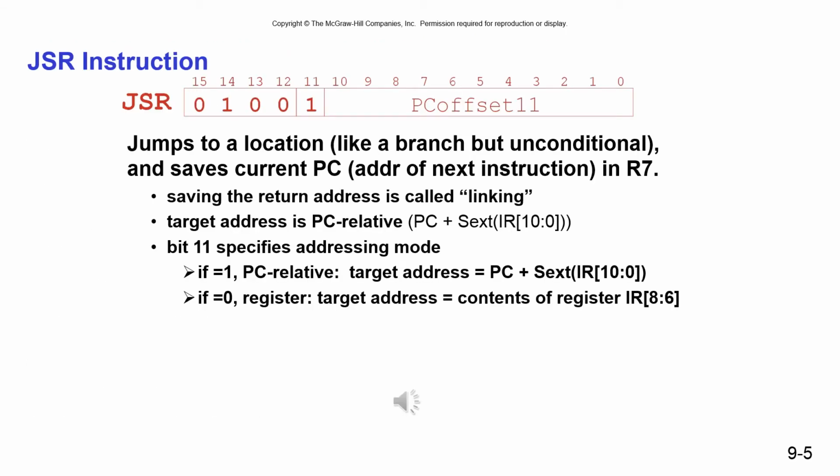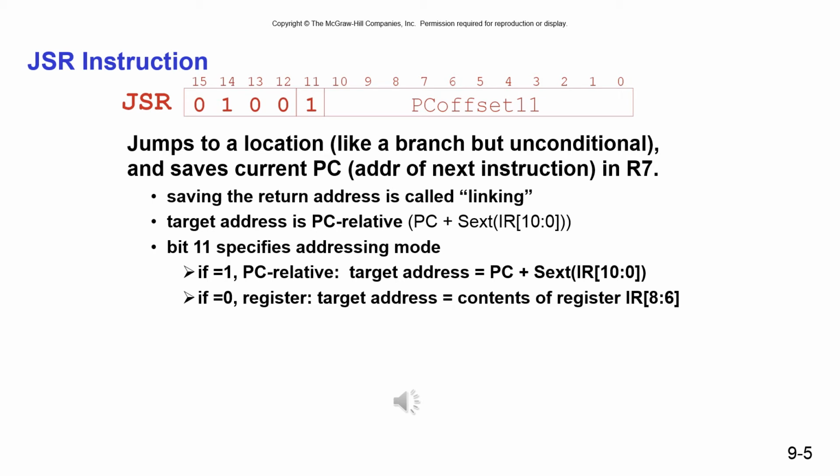Here we have the JSR command in its 16-bit syntax. The opcode for JSR is 0100. Bit 11 is always a 1. And then PC offset 11. So it jumps to a location, just like a branch, but it's not conditional. And it saves the program counter automatically in R7, which is the linkage.